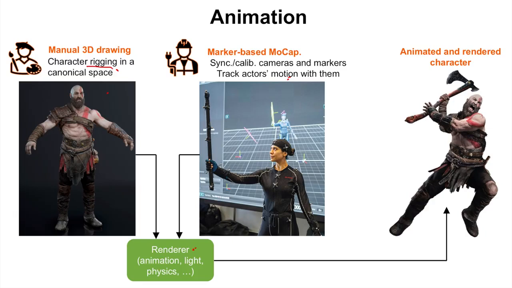For rendering, there are many engines, Unreal Engine, Unity Engine, you can use any engine. Anyway, for the animation, we draw characters in canonical space, and then we have motion information from either markerless or marker-based motion capture, and then we animate the character, and then we render it to image screen space, using Gaussian splatting, mesh, or anything.